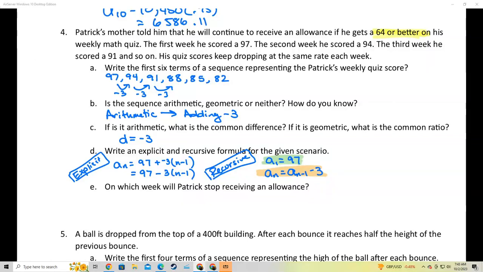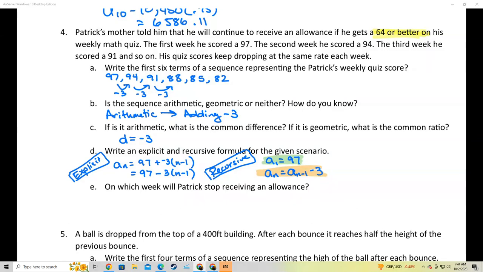He needs to get a 64 or better for him to get an allowance. Well, if he's not going to get an allowance, then his score needs to be less than 64. So how am I going to write this? He's going to get an allowance when his score is 64 or better. So that means he's not going to get an allowance if his score is less than 64.